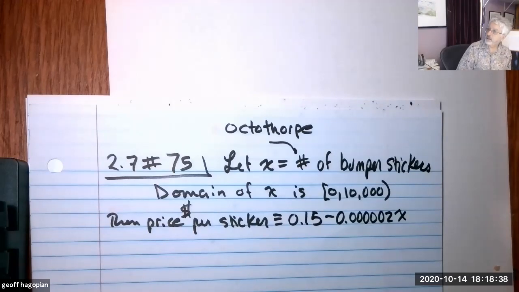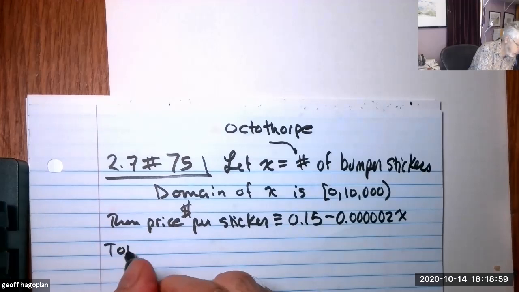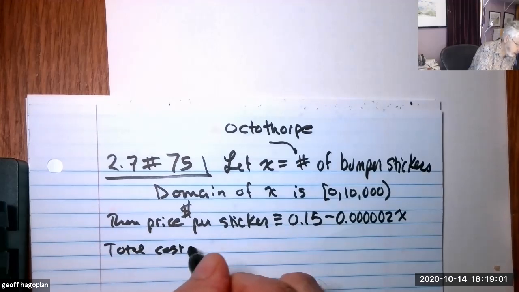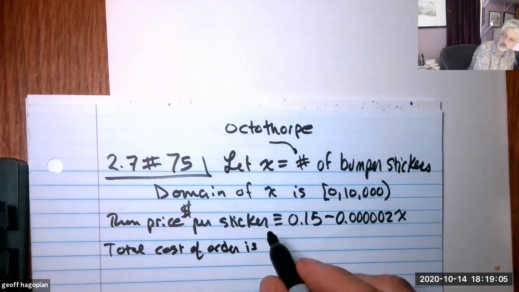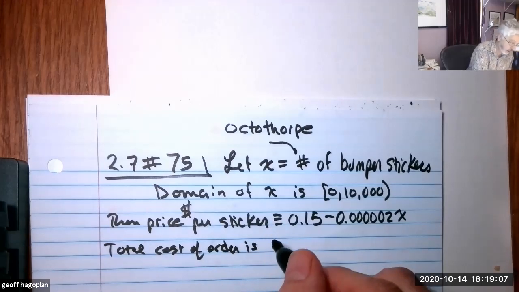And the total cost of producing the order. Total cost of the order is, this is just something they tell us, right?